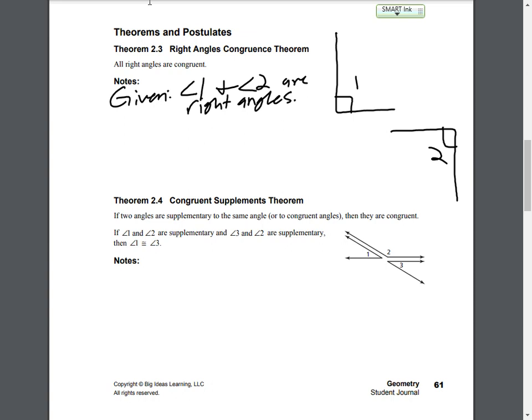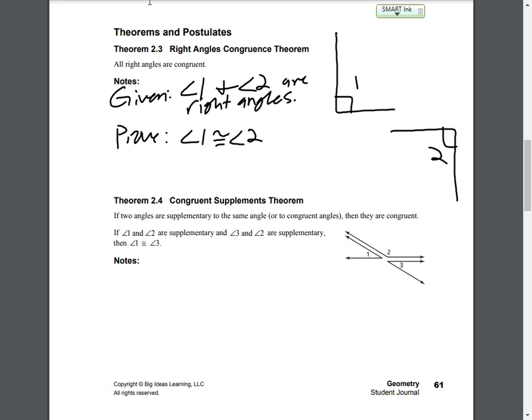That's what we're given. My apologies. We have to prove that angle 1 is congruent to angle 2. So prove angle 1 is congruent to angle 2. I'm kind of running out of room. That's fine.